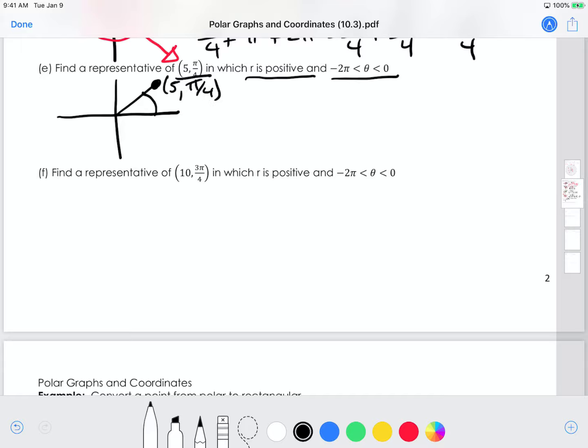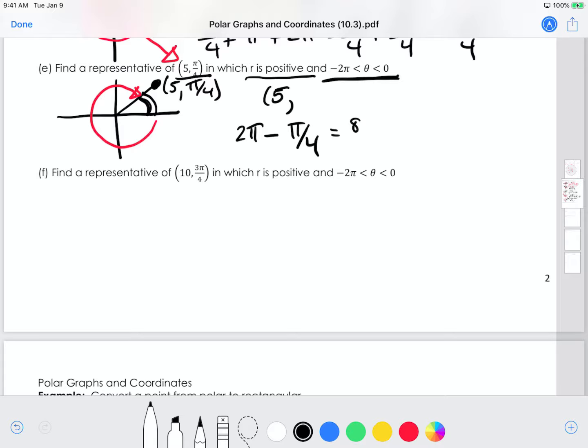But we want an r that is positive, and we want to open up in the negative direction on the first rotation. So that means I want to open up this way and come out 5. That would be if I take 2 pi and subtract pi over 4, because we open pi over 4 this way. So I'm going to take 2 pi and subtract pi over 4.